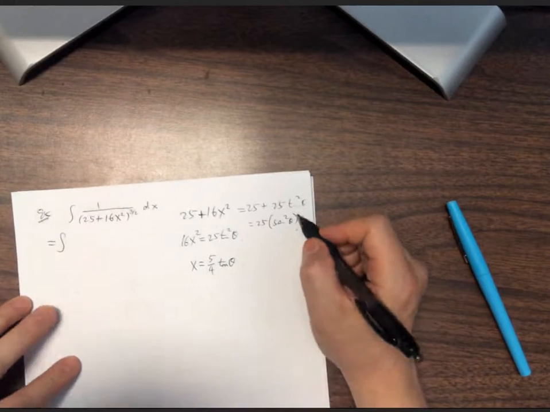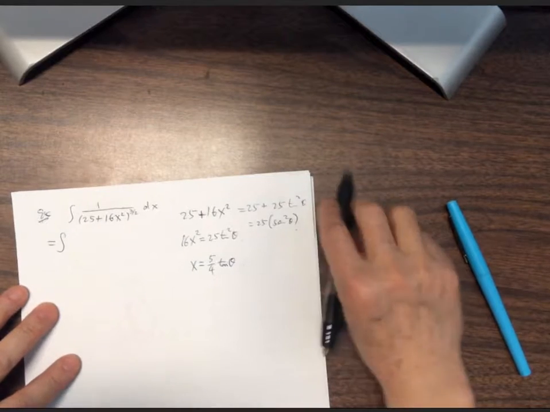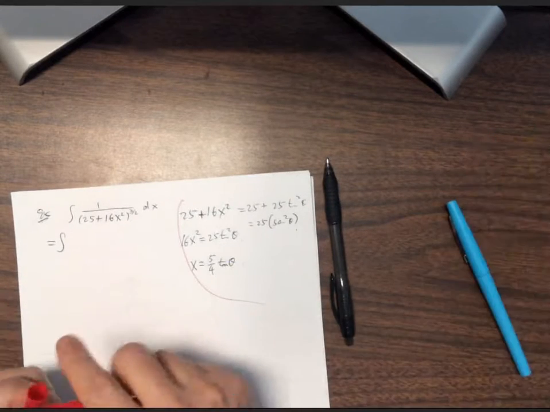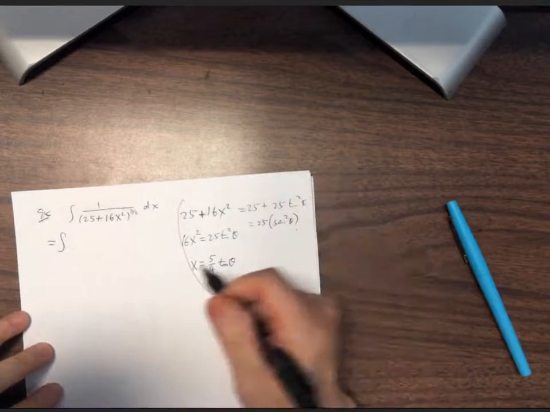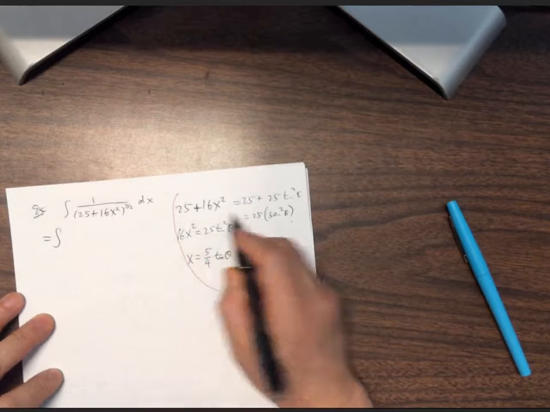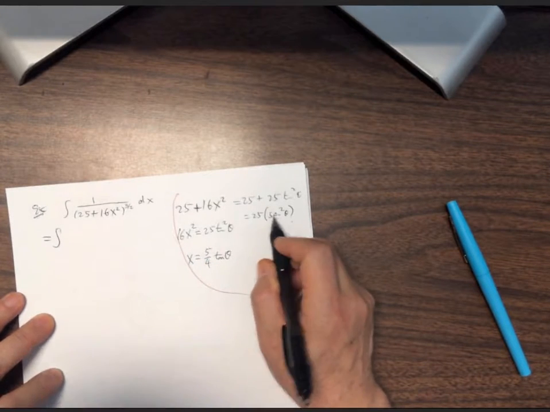Now do the substitution. 25 plus 16x squared becomes 25 secant squared. Plug in.